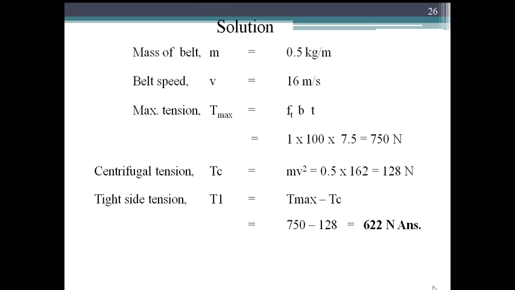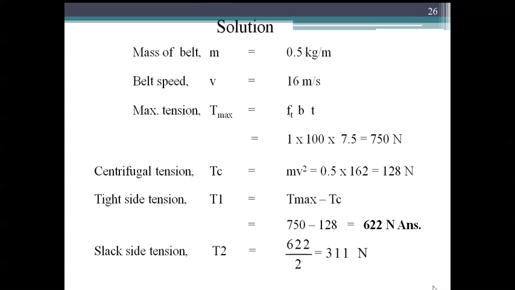T max is 750 minus 128, equal to 622 newtons. Tension on tight side is equal to T max minus Tc because here we are considering the centrifugal tension. There is a loss in the tight side tension. So from that we got T1 as 622 newtons.